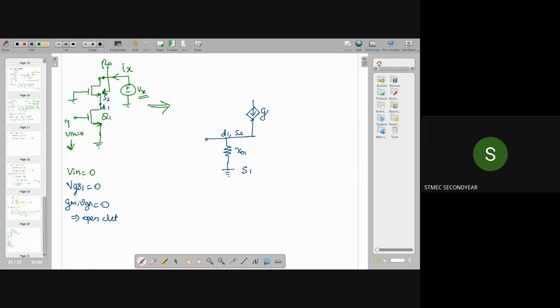That is gm2 into VGS2 and a parallel resistance R02.